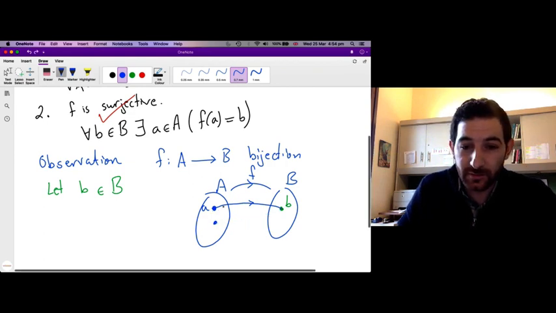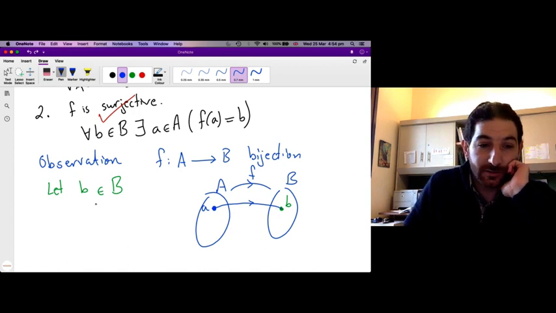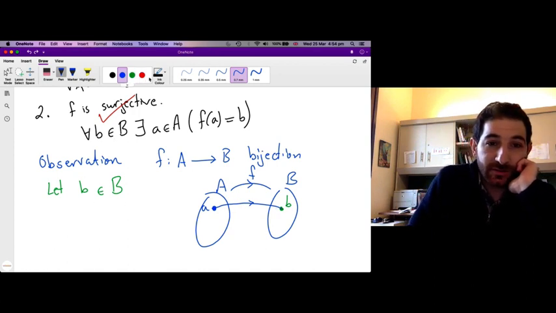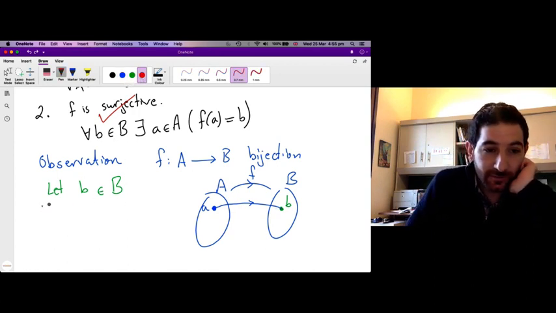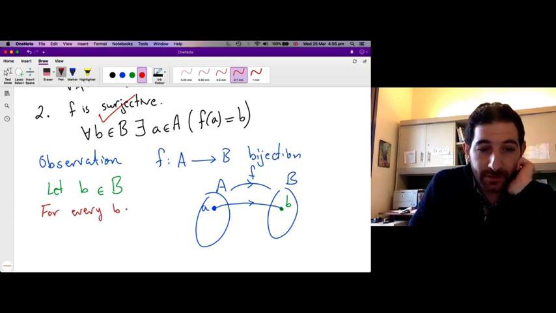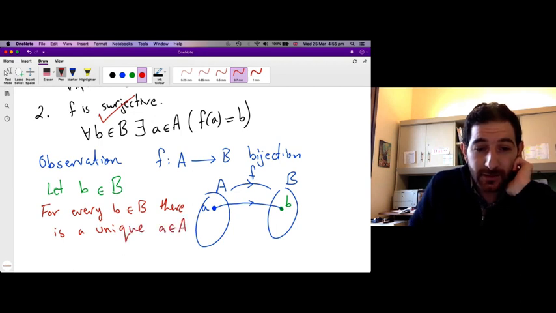What does it mean? This means that, let me write it in red, for every b in B, there is a unique a in A such that f of a is equal to b.